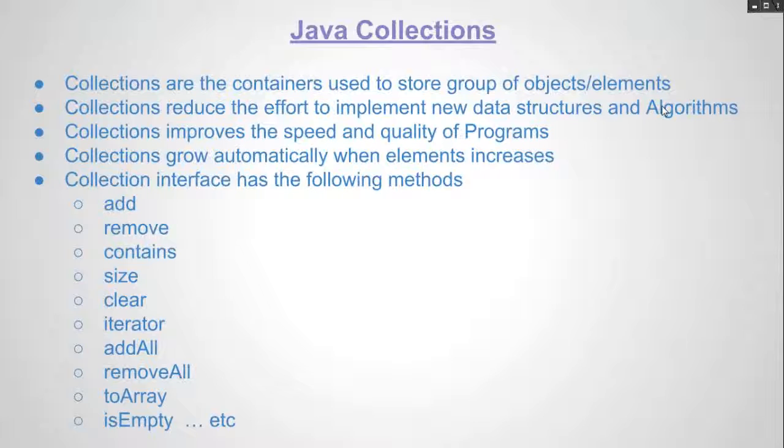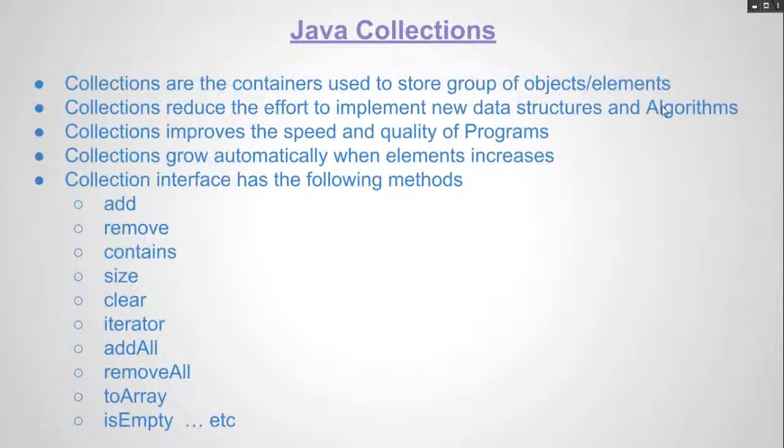The collection interface is the super interface for all the collections. It provides methods like add, remove, contains. All the collections need to implement these methods. Add is for adding elements, remove for removing, and contains for checking whether the element is available in the collection or not.